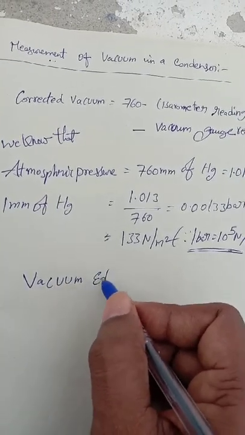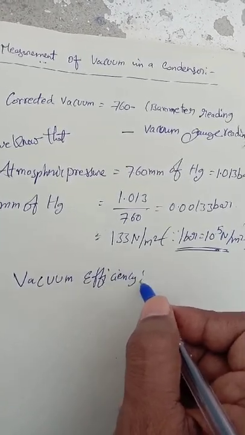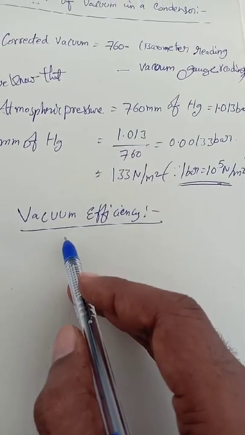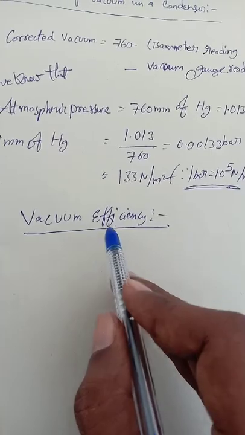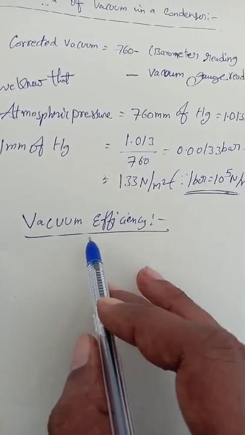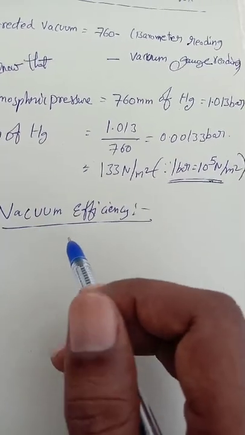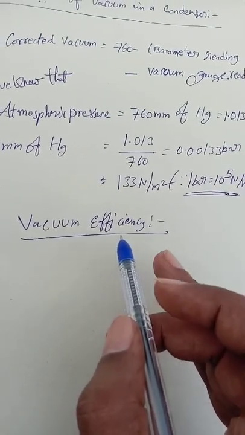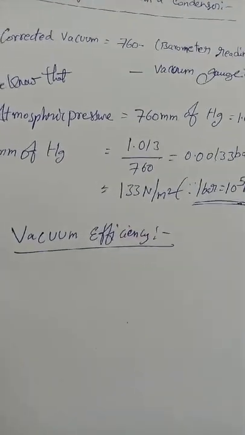Then we go on to calculate the vacuum efficiency. The minimum absolute pressure, also called the ideal pressure at the steam inlet of a condenser, is the pressure corresponding to the temperature of the condensed steam.